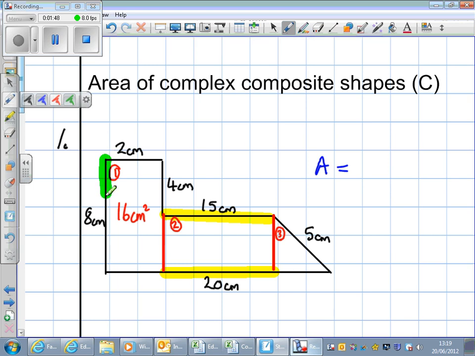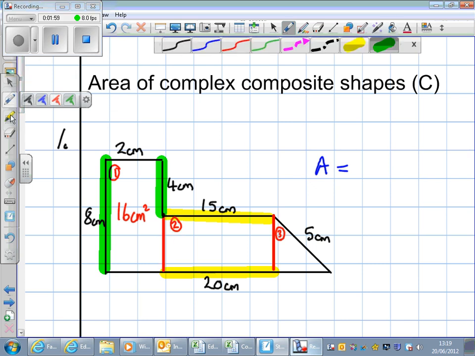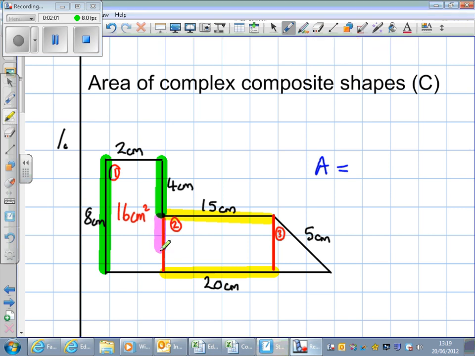The height of this length here is 8. The height of this length here is 4. So the height here, the missing height, must be 4 as well. So now I have the height of shape 2. It's a rectangle, so it's base times height, 20 times 4, 80 centimeters squared.